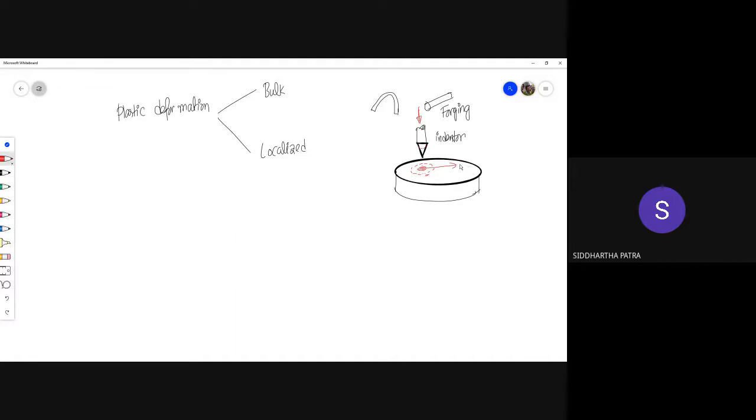So this is the type of plastic deformation and the type of hardness that we are talking about. Here we are looking for resistance to localized plastic deformation. So in our case, hardness is resistance to localized plastic deformation.